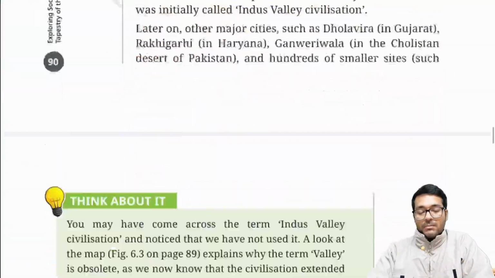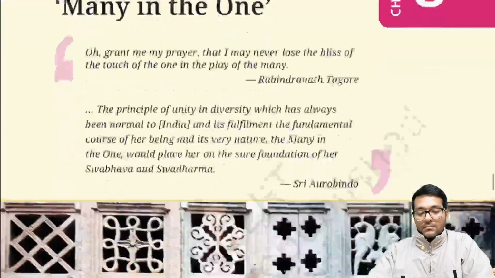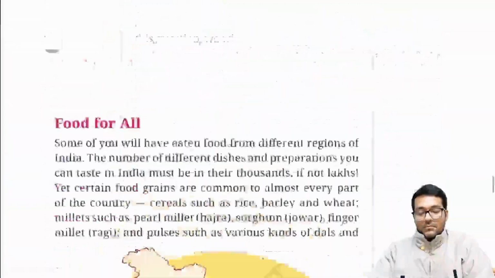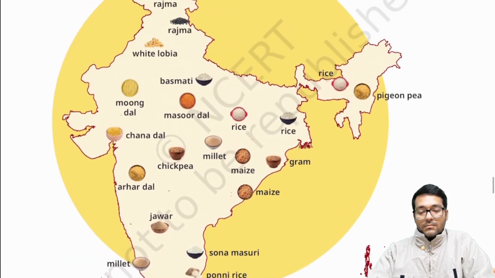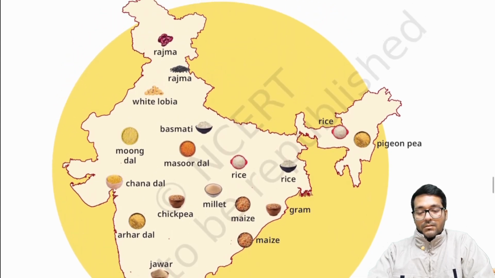Let's move to Chapter 8. Figure 8.1, a few examples of cereals and pulses from different regions of India. You can see another thematic map here.